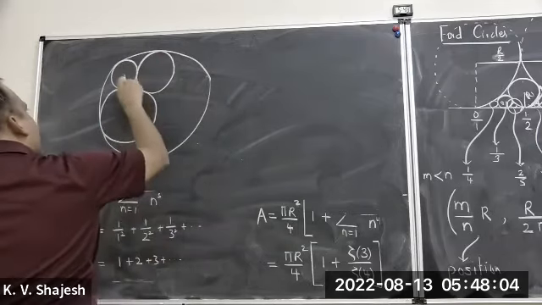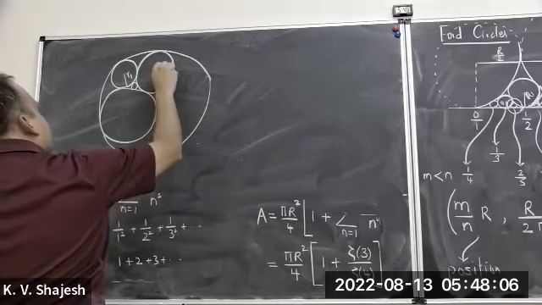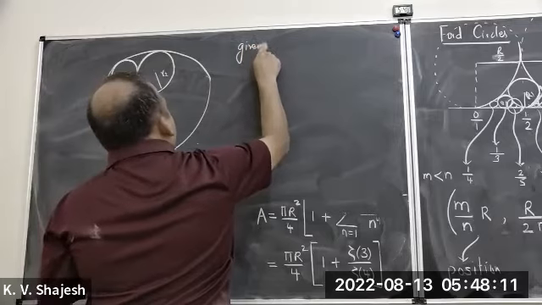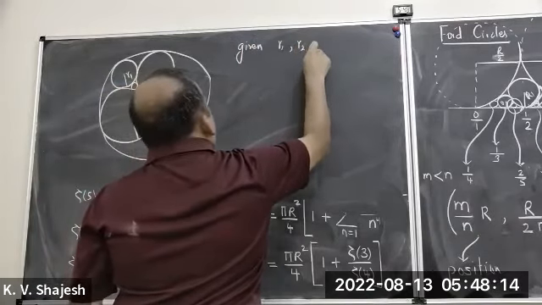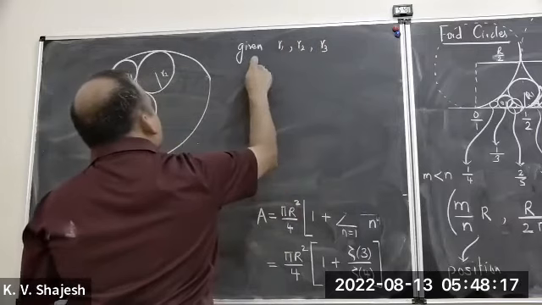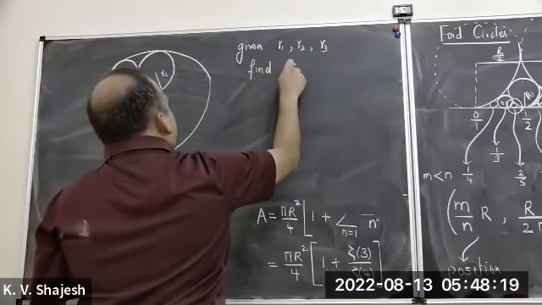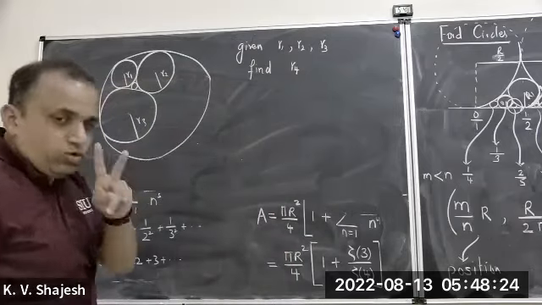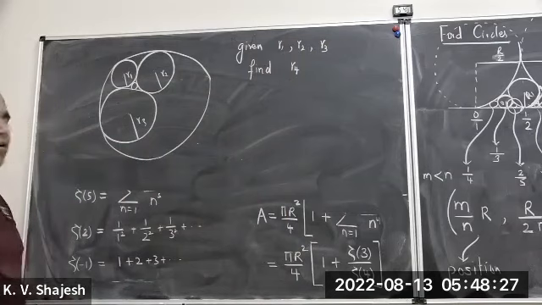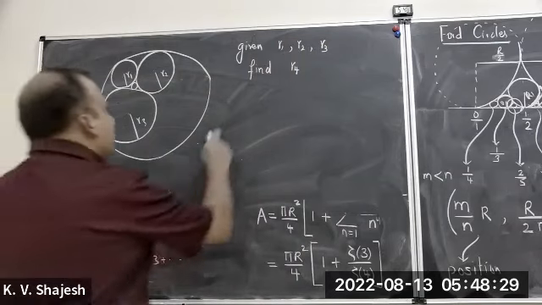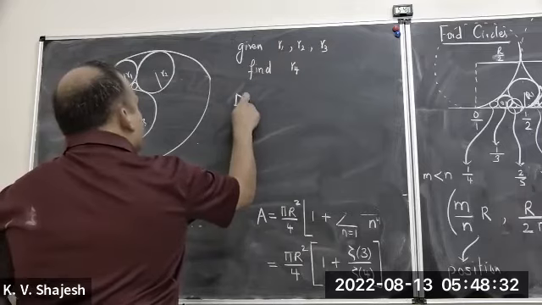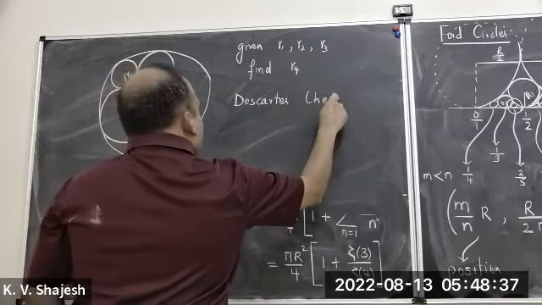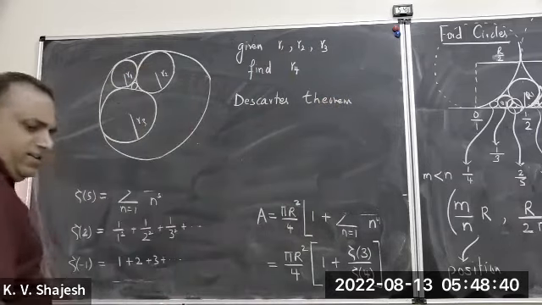So this is our, let's say, R1, R2, and R3. Given R1, R2, and R3, the question is find R4, right? So give me the radius of this and this. There are 2 solutions just by visualization, and this is what we call Descartes' theorem.